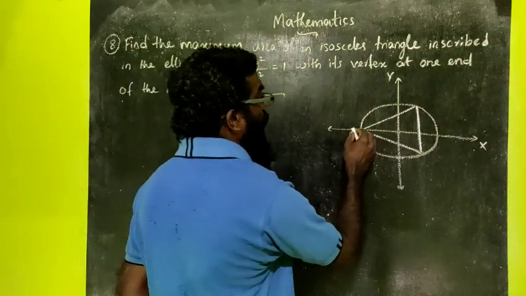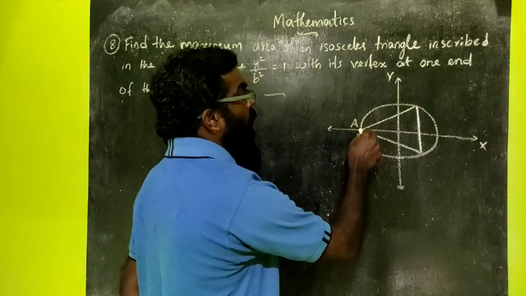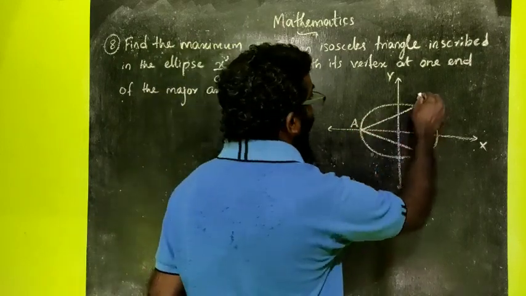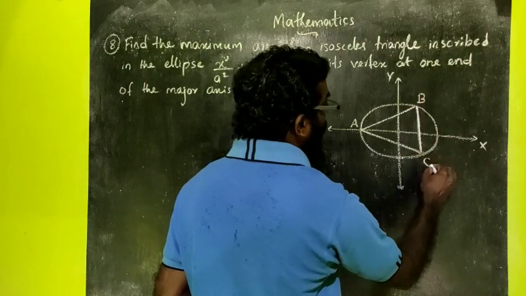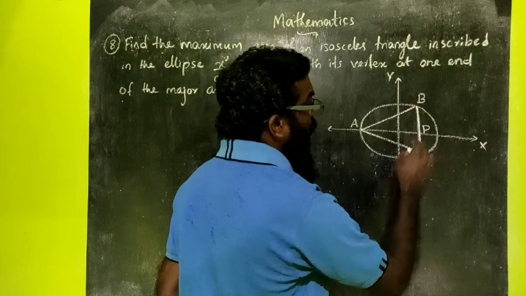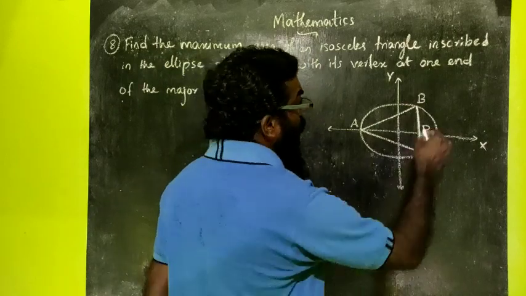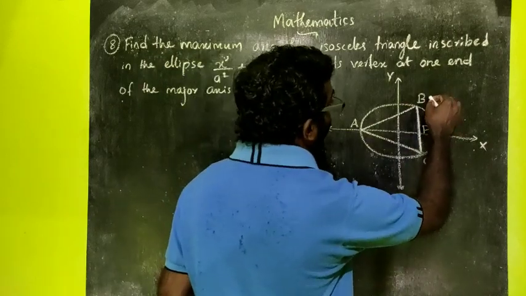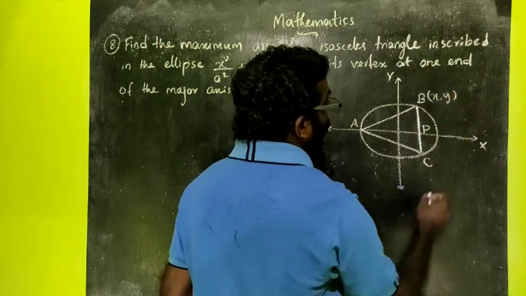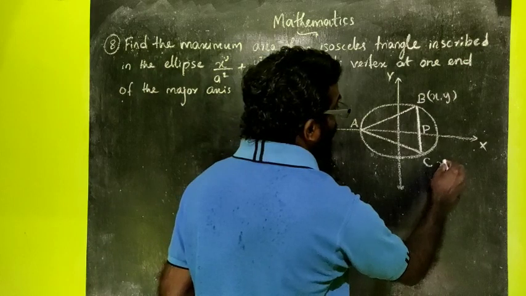Here if we take the vertex as A, here A is a point at one end of the major axis. Here we can mark B and here C. And the point of intersection with the axis we can mark it as P. Okay. If we take the coordinate of the point B as x comma y, then this will be x comma minus y.